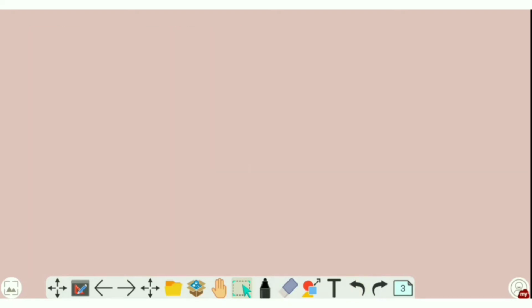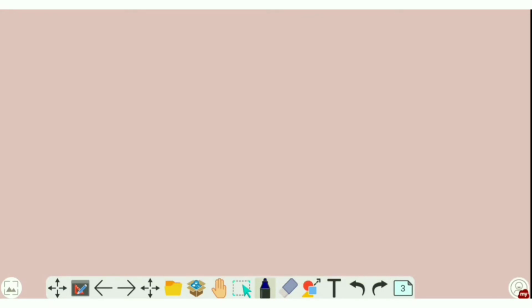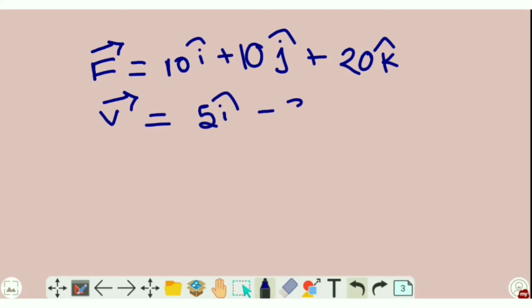We have F vector equals 10 i cap plus 10 j cap plus 20 k cap and v vector equals 5 i cap minus 3 j cap plus 6 k cap.